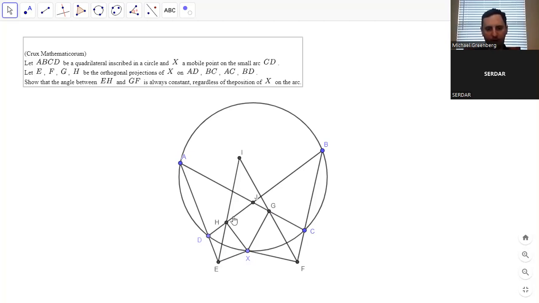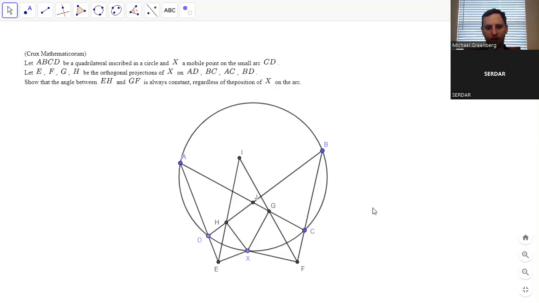We could figure out the angle that this makes with BD. I think I kind of see the angle chase because the angle between EH and GF: we can find the angle that EH makes with BD, and that's angle EHD, which is angle EXD. And then we can find the angle that FG makes with AC the same way.